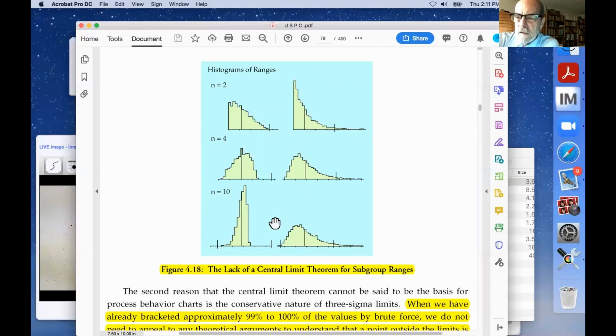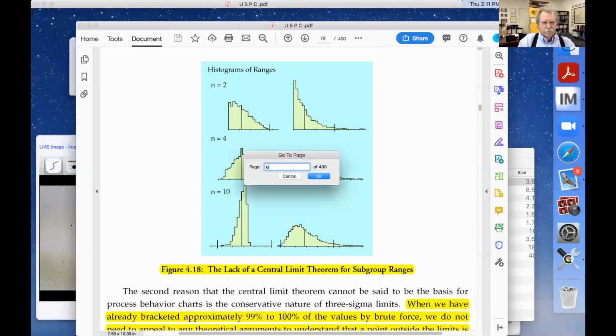Is that a correct interpretation? Because that's different than what I thought was true. Yes, because the reason it's not sensitive to false alarms when the data are non-normal is that 3 sigma limits are so conservative that it just doesn't matter.